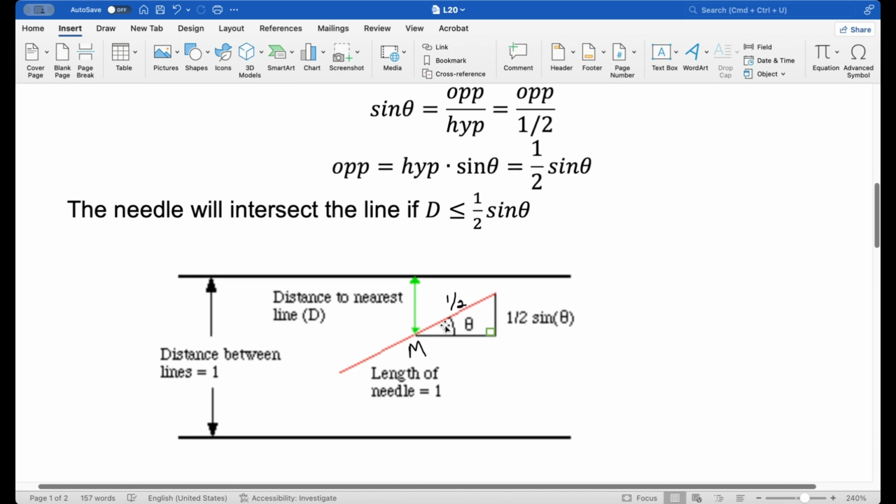And we've defined theta to be the angle that the needle makes with a line parallel to the given lines and through the midpoint of the needle. Now, since we know the needle has a length of 1 unit, and we're looking at the midpoint here, we know that it's 1/2 on either side. So this distance is 1/2.